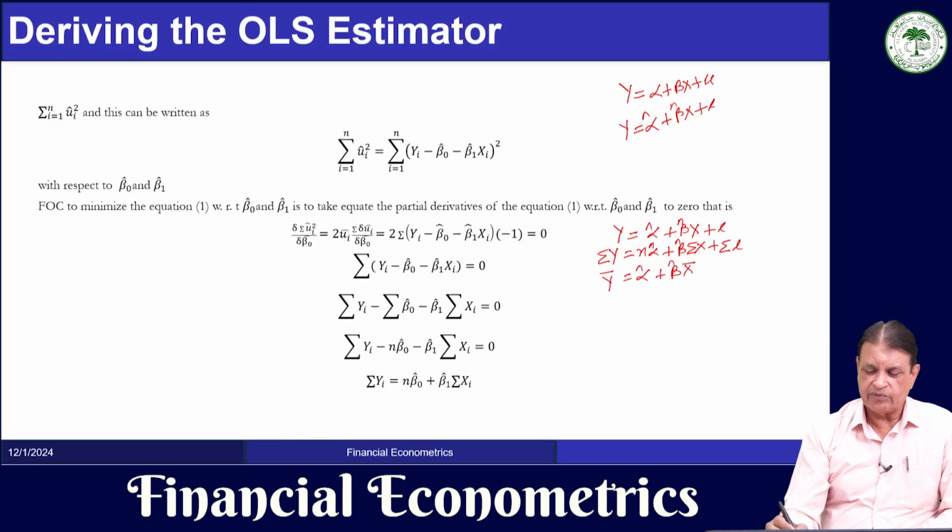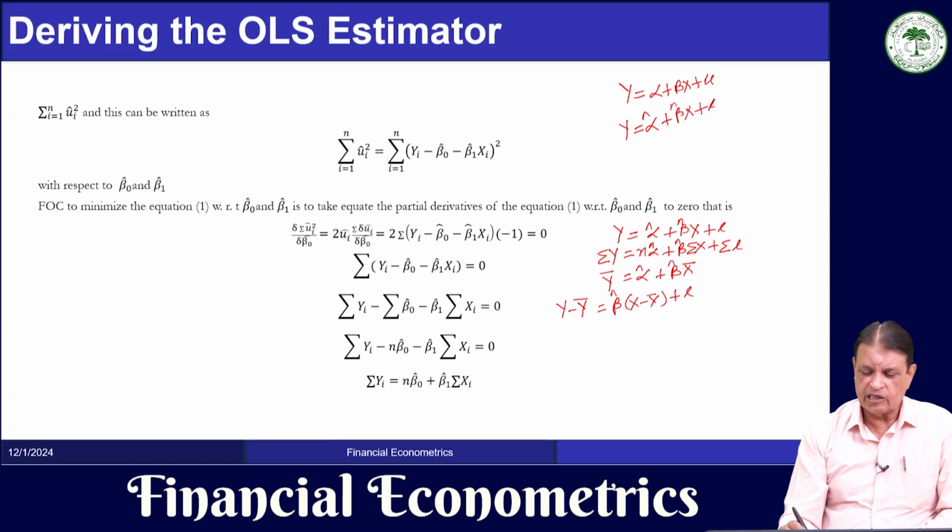So, if we take the difference between this and this, that is, we take y minus y bar, that is this equation minus this one, then alpha hat here and alpha hat will get cancelled. We have beta hat x here, and we have beta hat x bar, and we have e. So it will be beta hat times (x minus x bar) plus e.